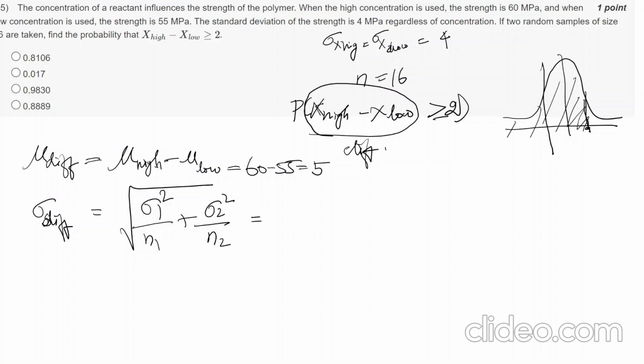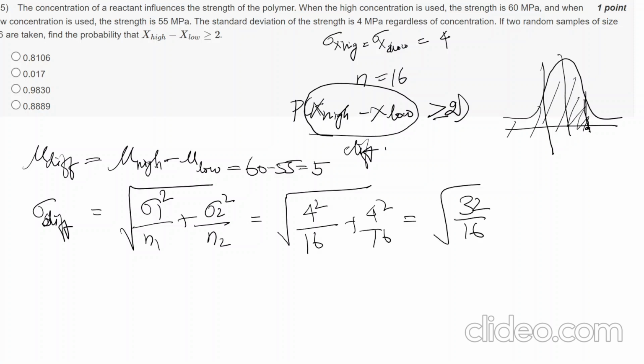Here sigma 1 and sigma 2 are both the same. 4 square plus 4 square is 16 plus 16 is 32, root 32.